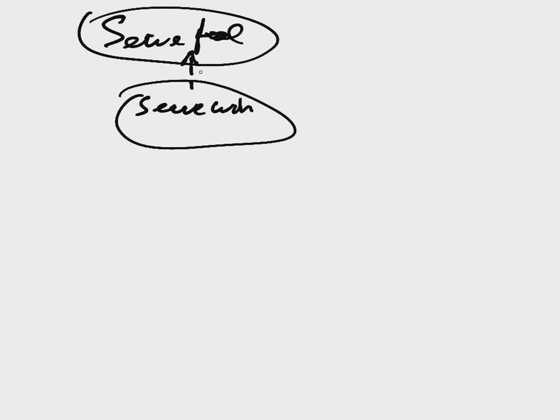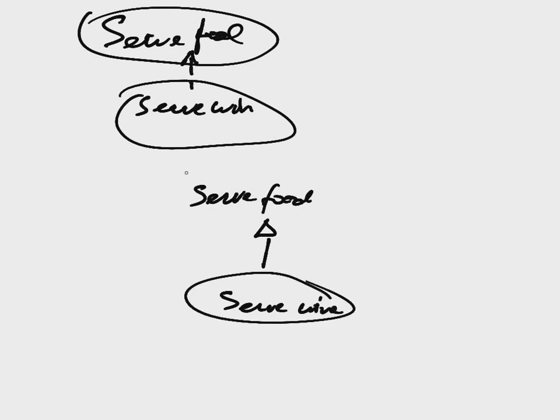In that system it's shown as this weak dependency, a dashed line with an open-ended arrow, but actually you may be stronger in your opinion and say that serve food is the more general case of serve wine. So a solid line and a rectangle at this end, so this means this is the more general case and this is the more specific case.